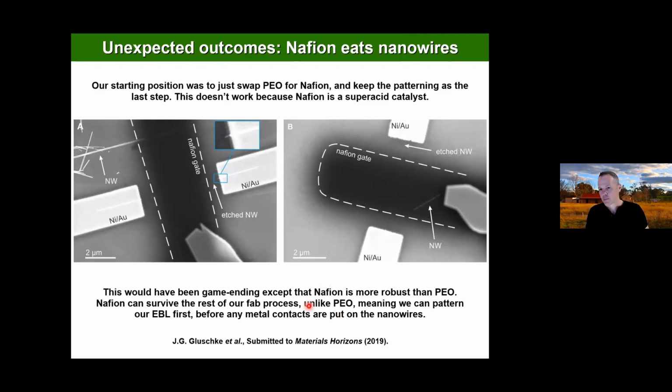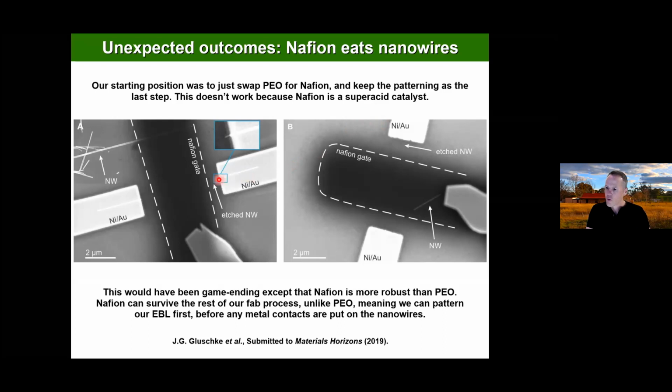We didn't expect it, but in hindsight, knowing a little bit about Nafion, we probably should have expected it. Nafion is basically called a superacid catalyst. It likes to dump lots of protons into the material, and so it creates a very acidic environment.